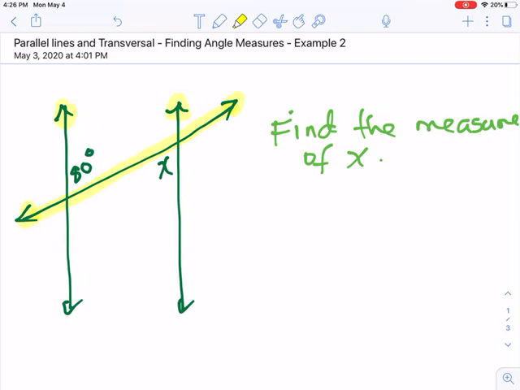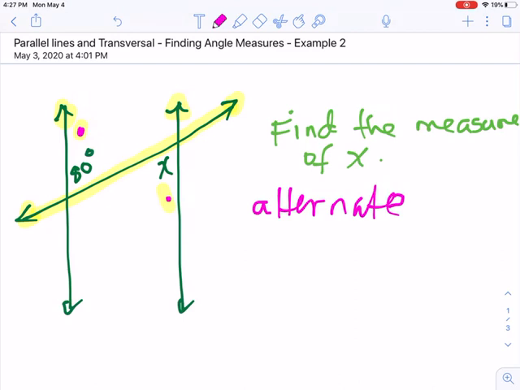I can see that 80 is on the right side of my transversal and x is on my left side of my transversal. So they are on alternate sides of my transversal. That is a word that we know already from our angle pairs and relationships.